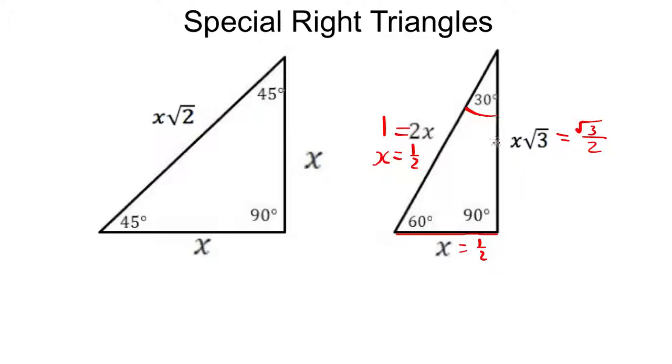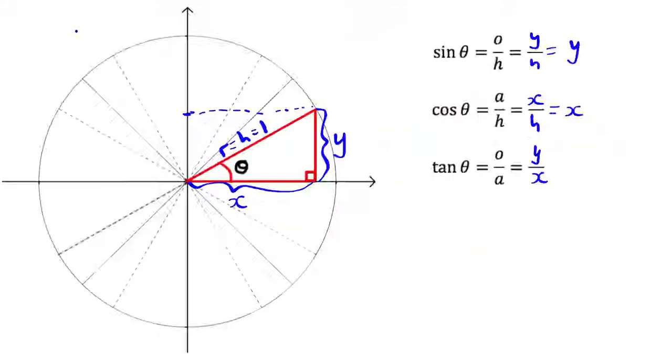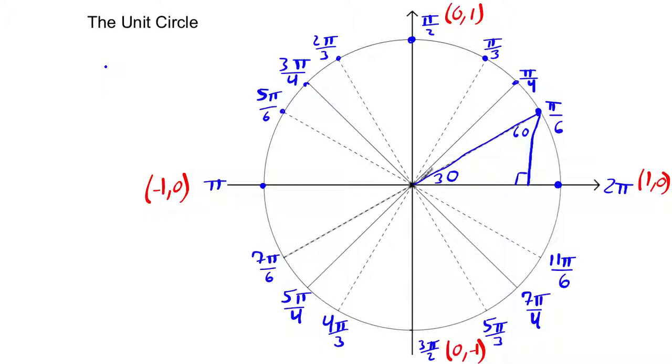I just said the adjacent side. Well, what did we say the adjacent side was previously? We said the adjacent side is the x value, the x coordinate. So here, for this 30-degree angle, this adjacent side is the x distance. That's the x coordinate, root 3 over 2.